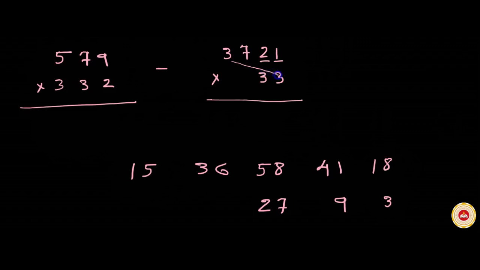So 3 multiplied by 3 and 7 multiplied by 3. 3 3s are 9 plus 7 3s are 21, 30. So write 30 in the fourth part below 36. Now friends, we have covered these two columns also, these two digits also.